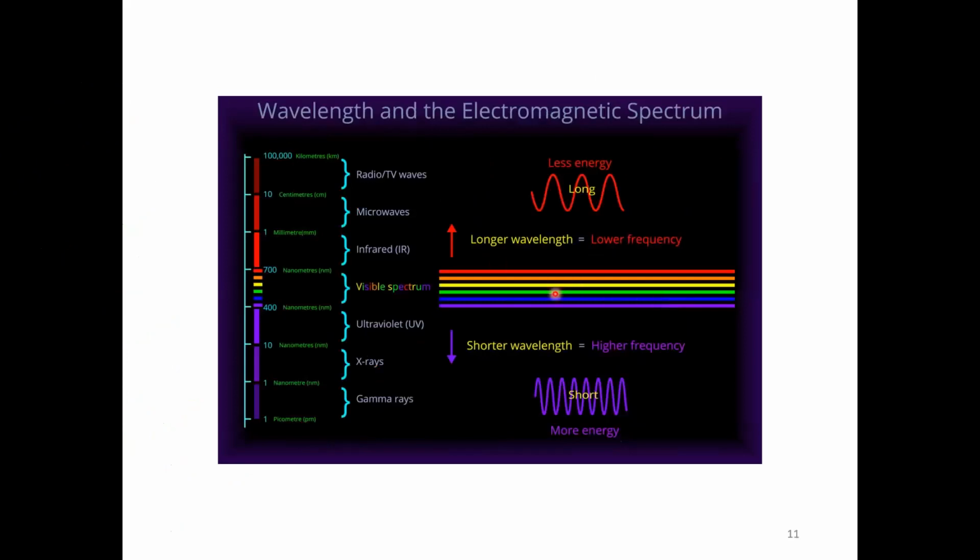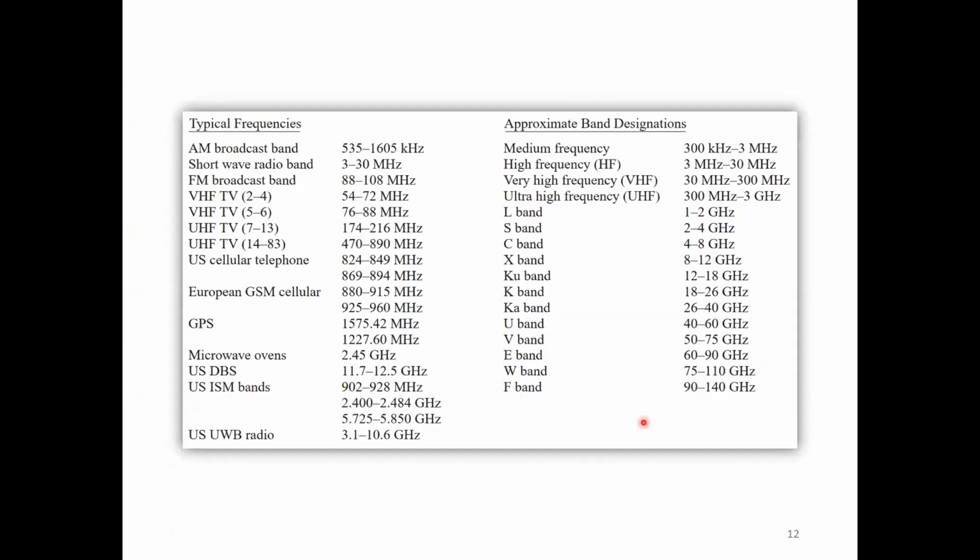If we look at shorter wavelength, it has higher frequency, and longer wavelength has lower frequency. And some applications are there: AM broadcast, shortwave radio band, FM broadcast, GPS, microwave bands.